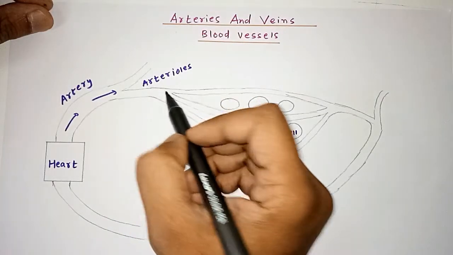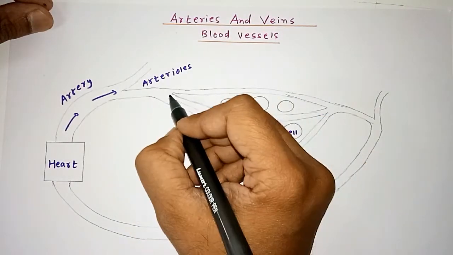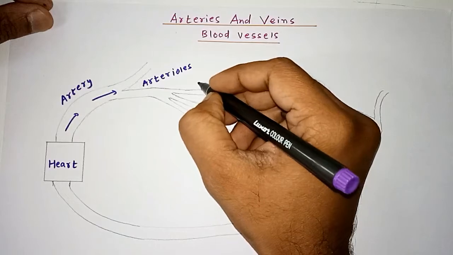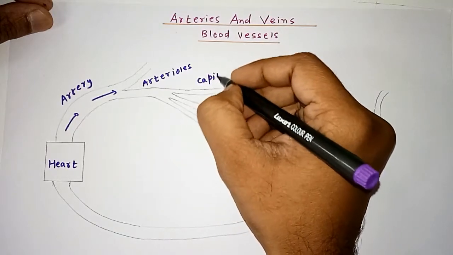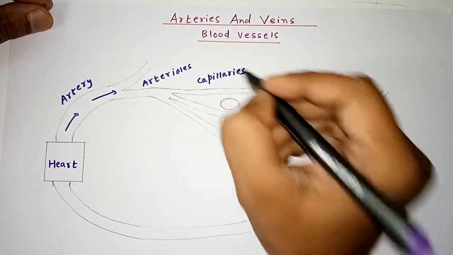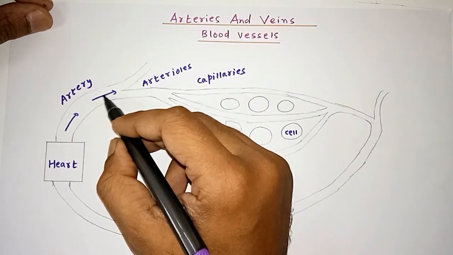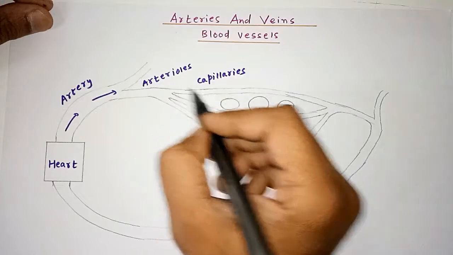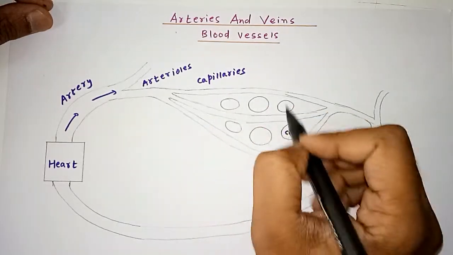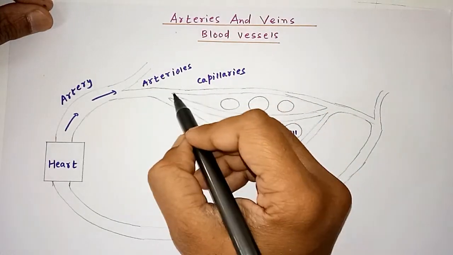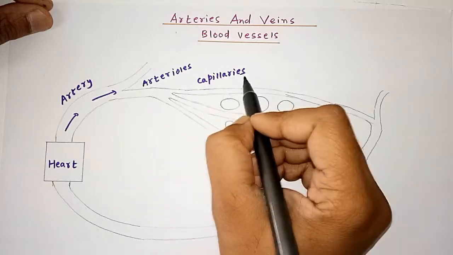Now from arterioles, channelization still takes place into capillaries, because arterioles are smaller than the artery definitely, but arterioles also cannot supply blood to each and every part of the tissues. So they even split up into smaller blood vessels called capillaries.